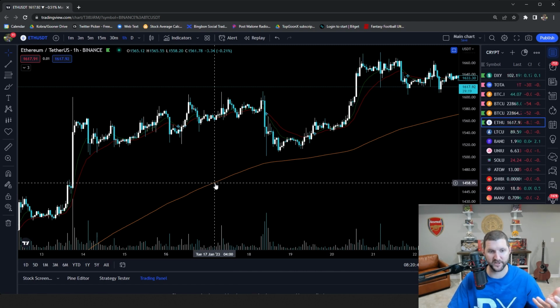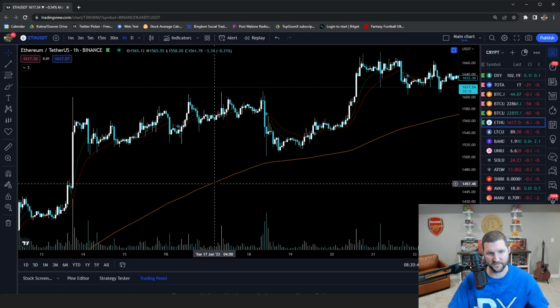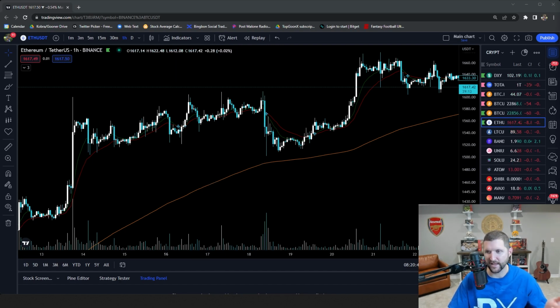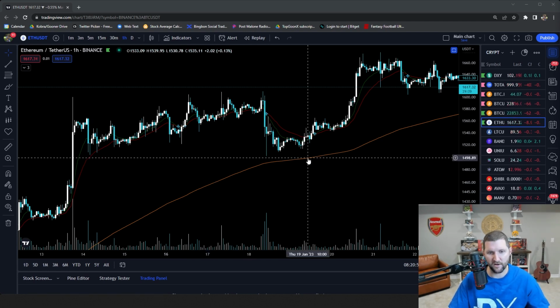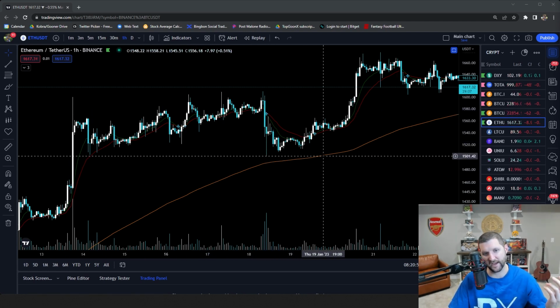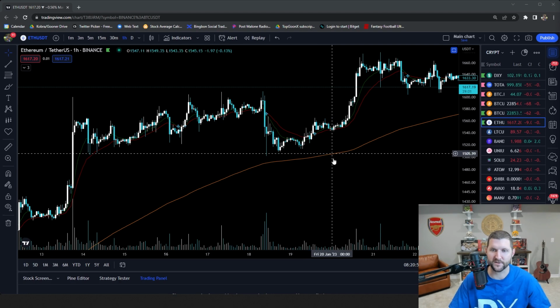So the average price of the last 99 candles on this SMA, because this is the 99 SMA, the average price was 1459. And then now, as price has gone up, now the average price, the last 99 candles is 1503. Okay.